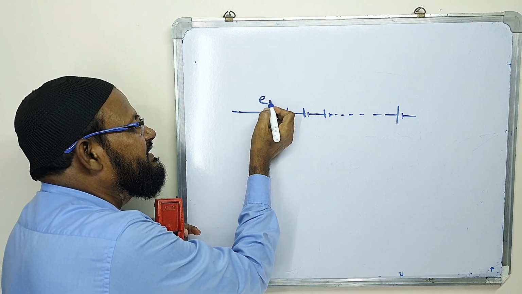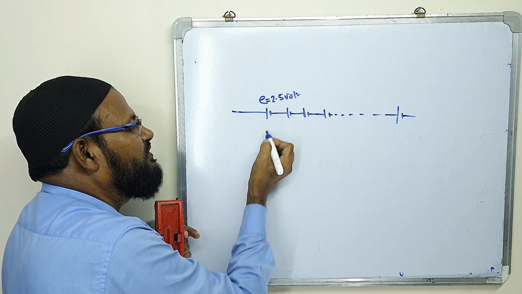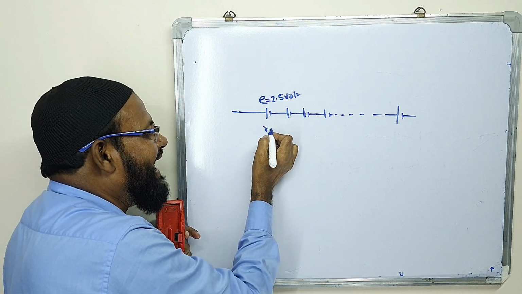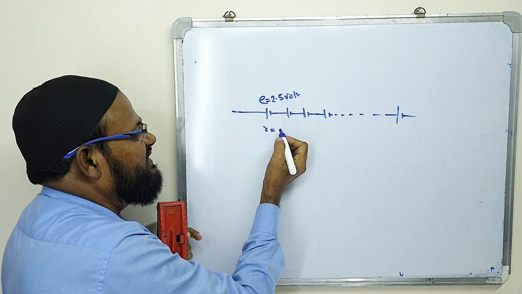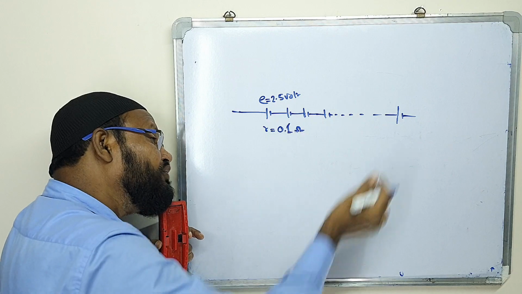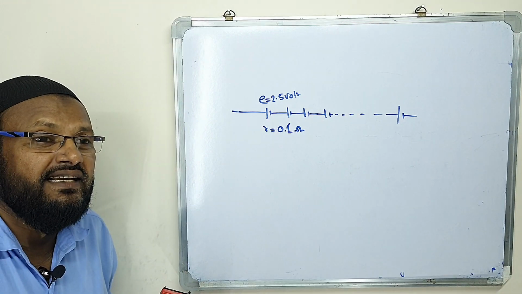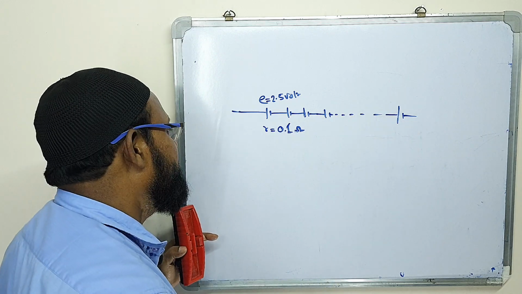All have the same EMF, 2.5 volt, and all have internal resistance 0.1 ohm. All the cells are in series connection.